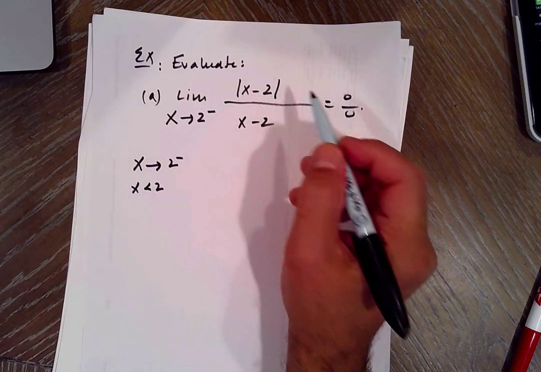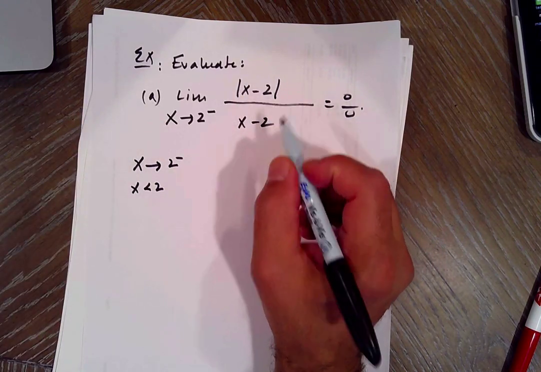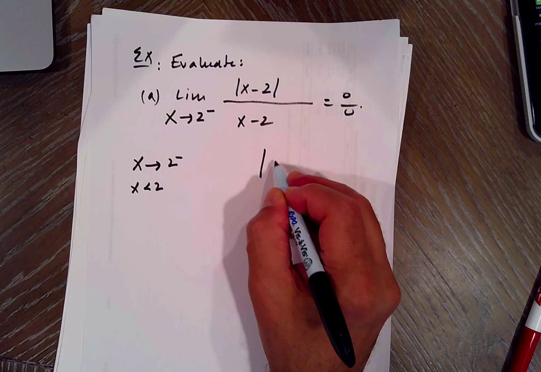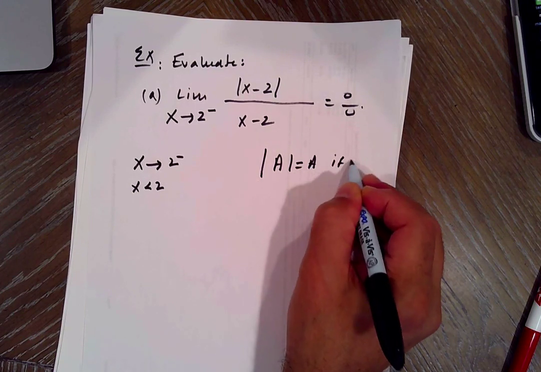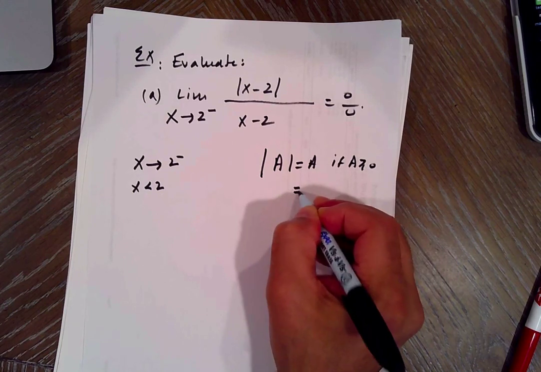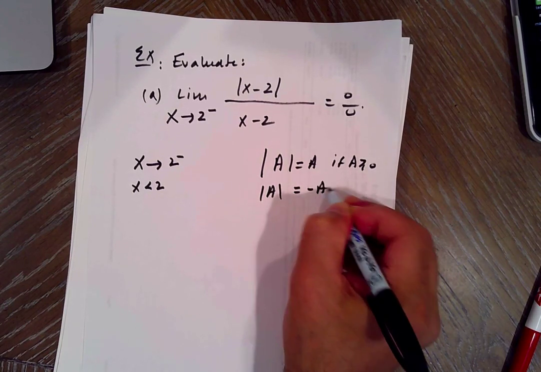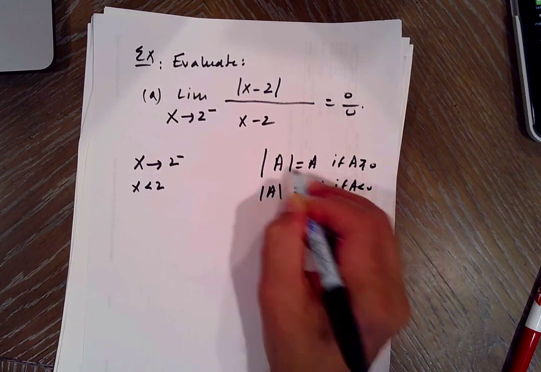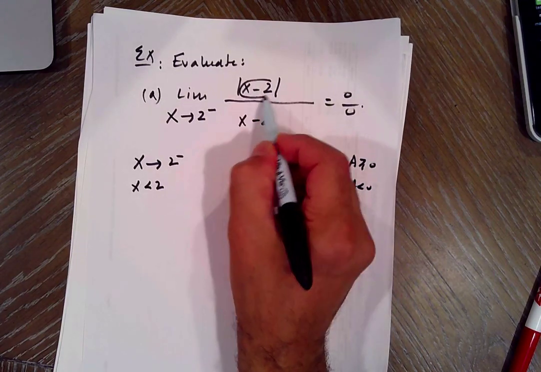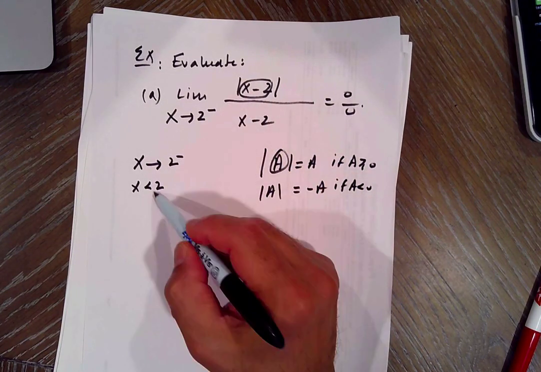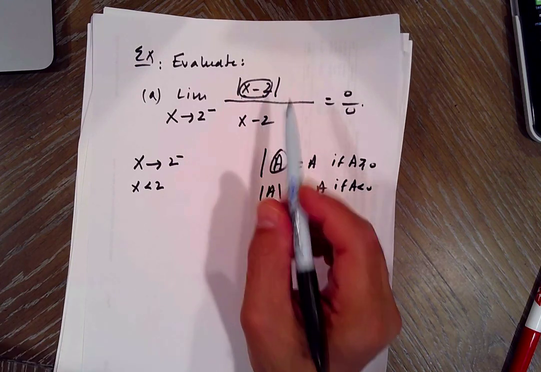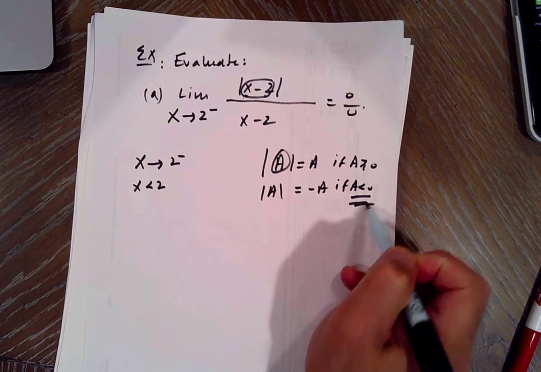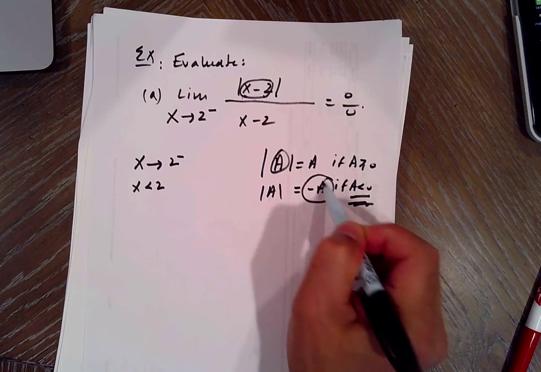And we cannot factor that, so we've got to get rid of the absolute value. We know the absolute value of a is a if a is greater than or equal to 0, and it's the opposite of a if a is less than 0. A in this case is x minus 2. Now if x is less than 2, like 1.9 minus 2 is negative, so a is negative, so the absolute value is going to be the opposite of a.